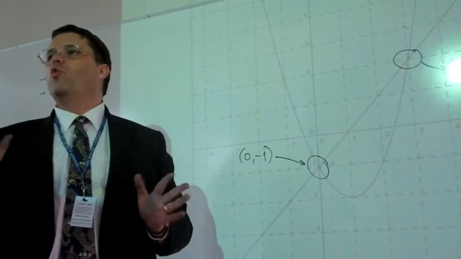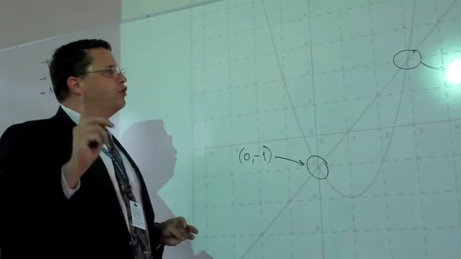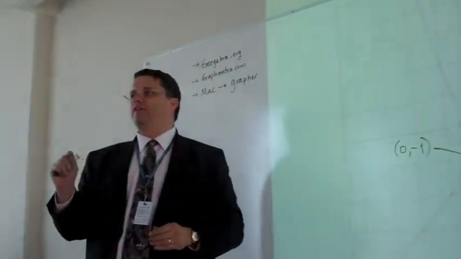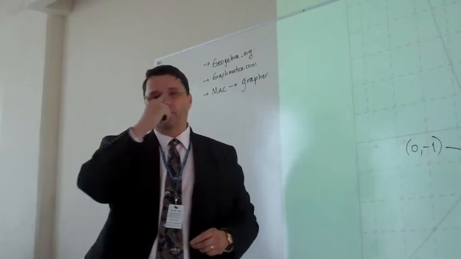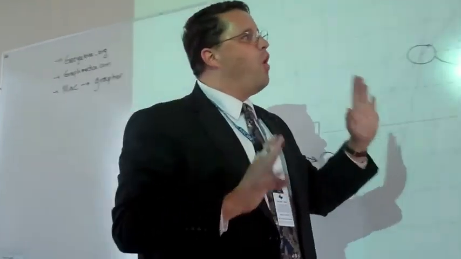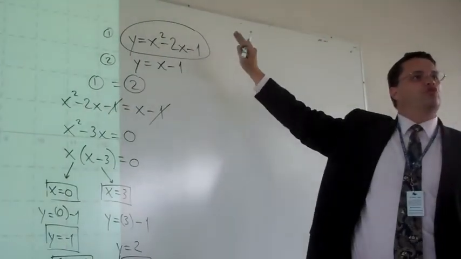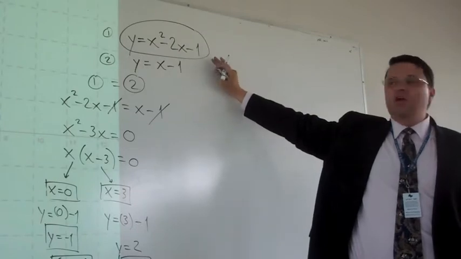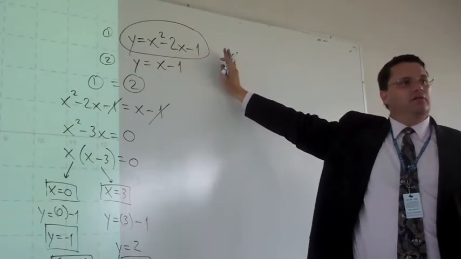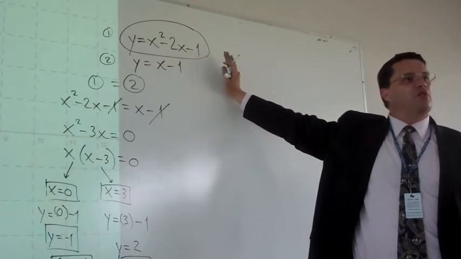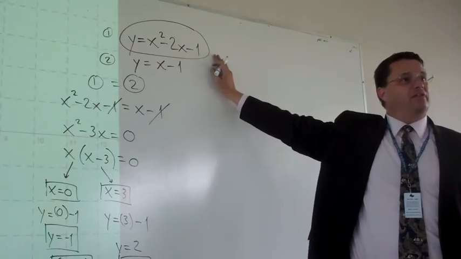Well, there's 2 ways. Now, it's a good question because you reminded me of something that I was about to forget to tell you. When we have one equation by itself, let's suppose that we have this one, and we find the solutions to this equation, what we would find is the intersection points with the x-axis.